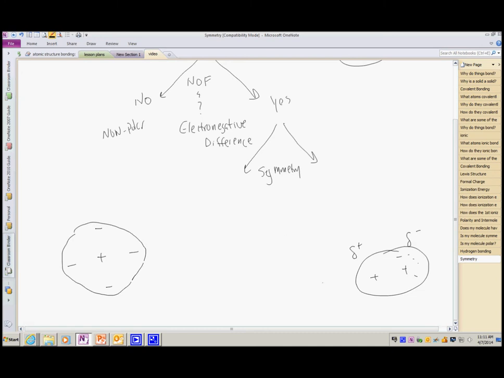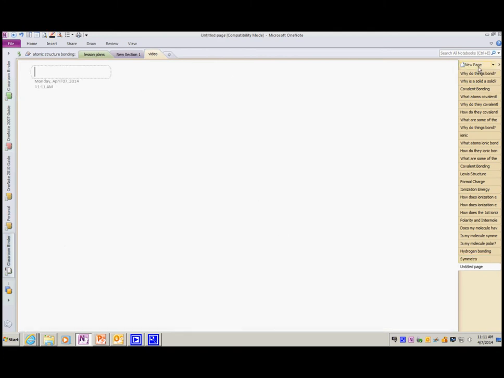Anyways, so in this case, symmetry, how does it work? Okay, there are essentially 5 different shapes. I'm going to start a new page here. We call them the center atom. And things that exit the central atom, let's say Y and Y, to atom Y, atom X, atom Y, a shared pair.